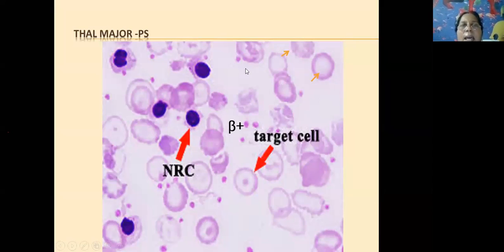So in thalassemia major, it is completely different. You get extremely microcytic hypochromic cells. Only a rim of hemoglobin is present. Extreme microcytosis and hypochromasia, as well as a lot of nucleated RBCs because of erythropoiesis, and target cells.